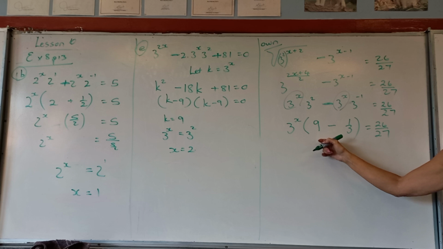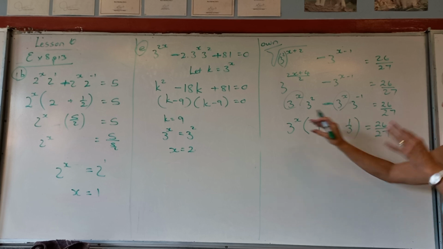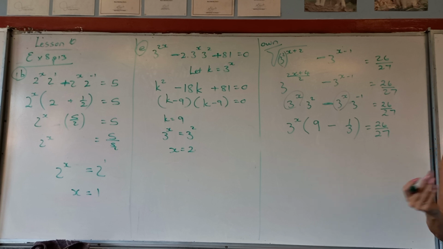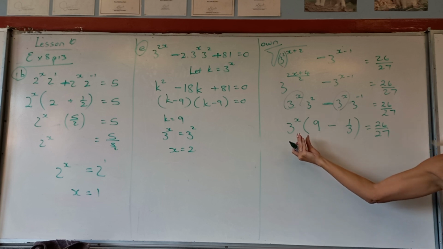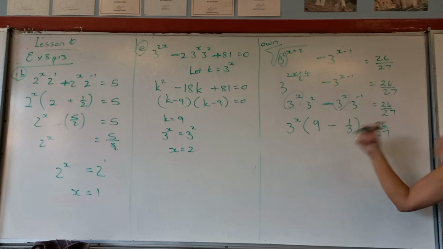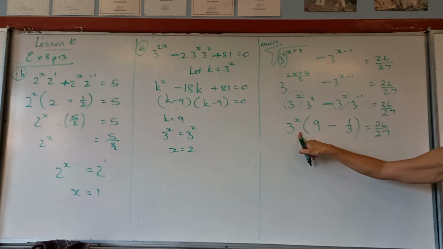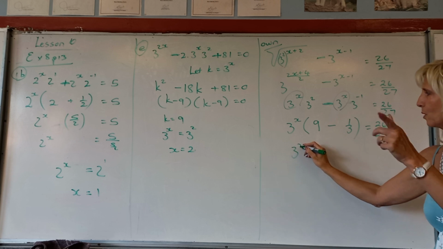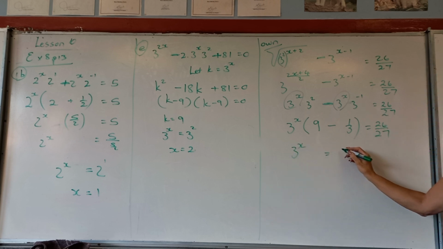For this one then, I need to, please remember, all sorts of stuff springs to mind. What's your focus? You've got to get 3 to the x alone. So this has got to go. It's been multiplied, so you've got to divide. While I didn't do that previous one like that, let me show what I actually want to see.